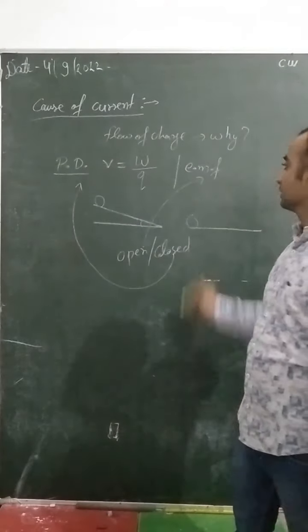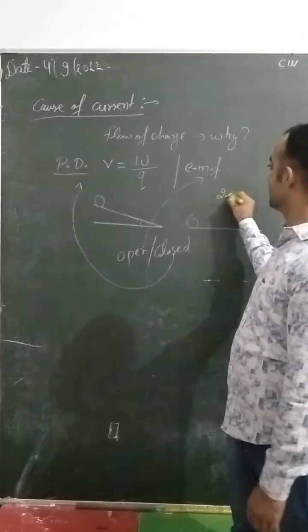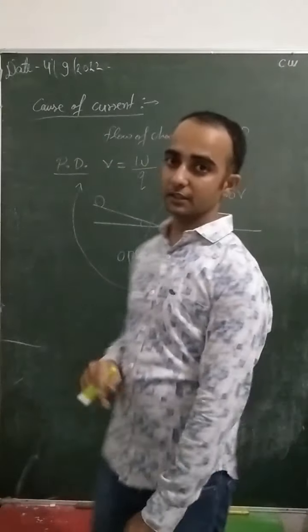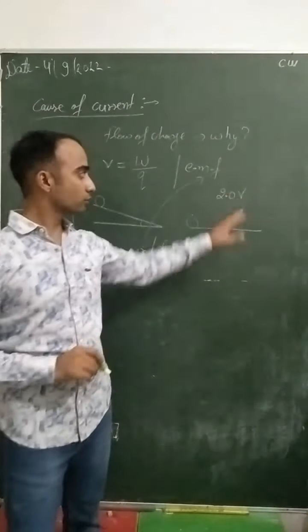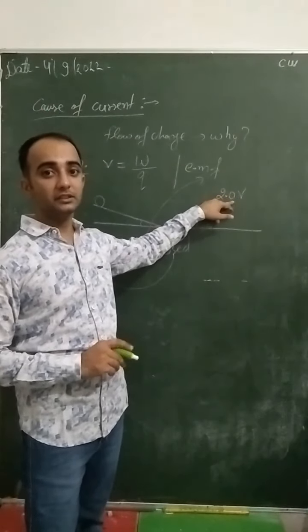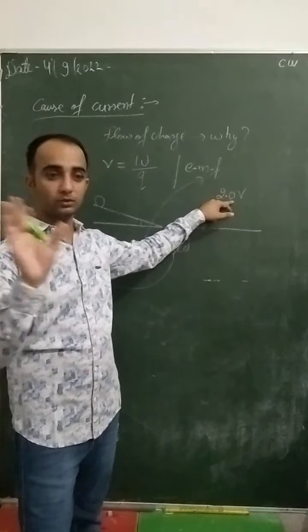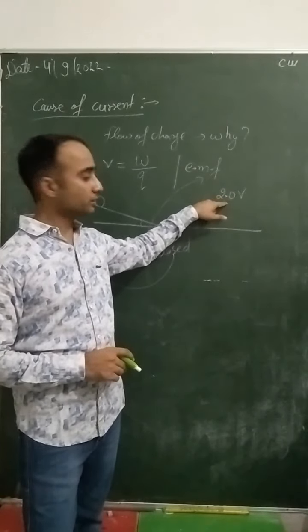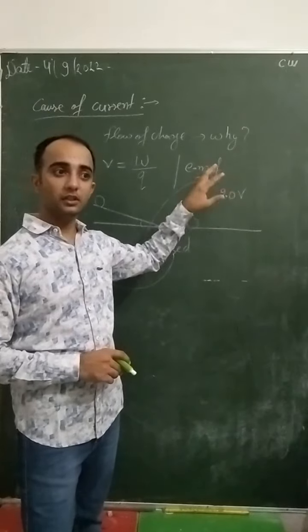For example, you purchase a cell from the market and it is rated 2.0 volt. So this 2.0 volt is its EMF because it is not in use. So the circuit is open now, and for an open circuit this is called EMF.